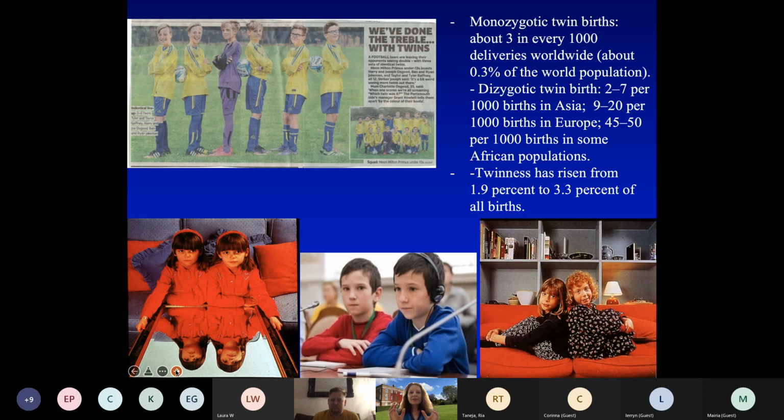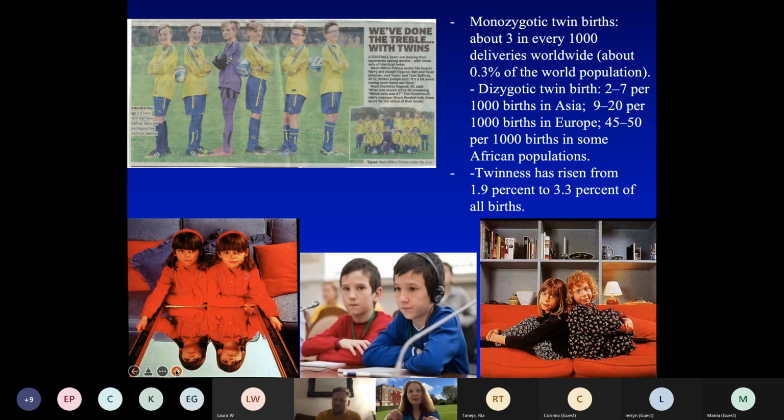Dizygotic twins are twins that come from two independently fertilized eggs, so they are no more similar than other siblings, brothers or sisters. Dizygotic twinness is about 2 to 7 per 1,000 births in Asia, 9 to 20 per 1,000 births in Europe, and more common in some other populations. For example, some African and some Latin American populations have many dizygotic twins.